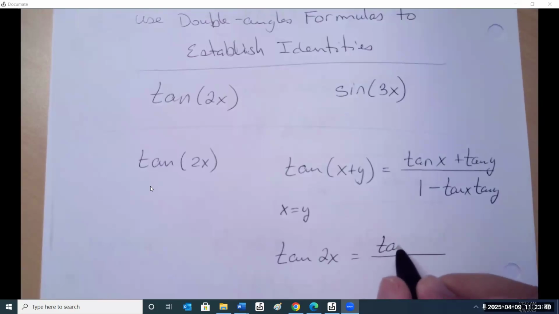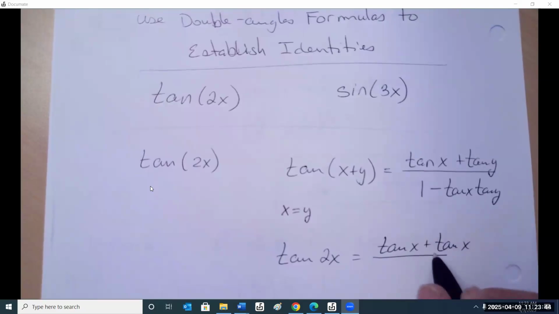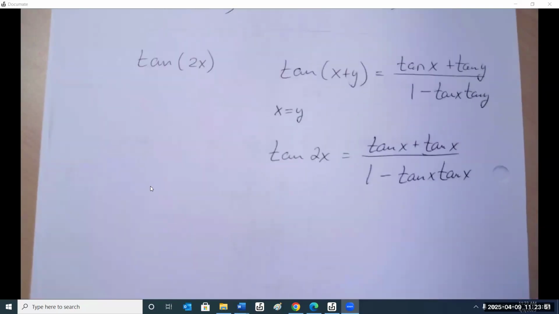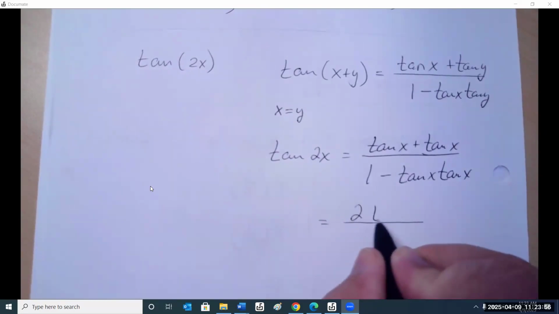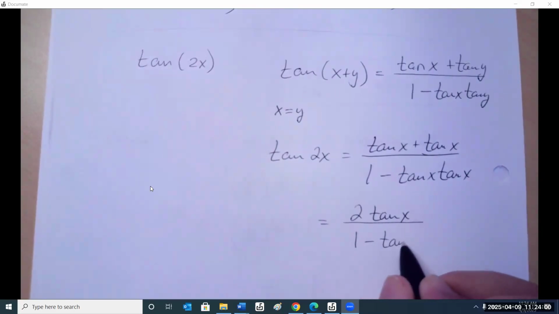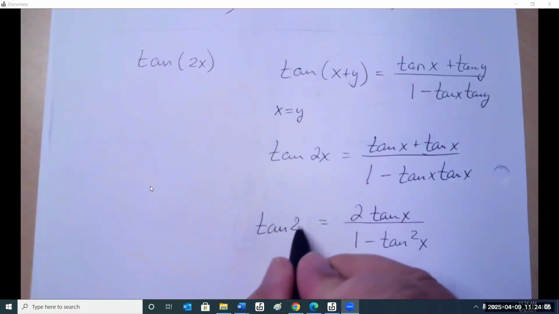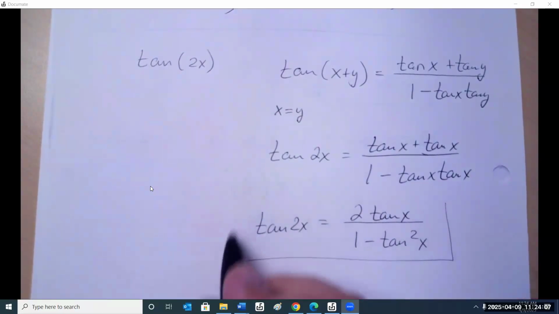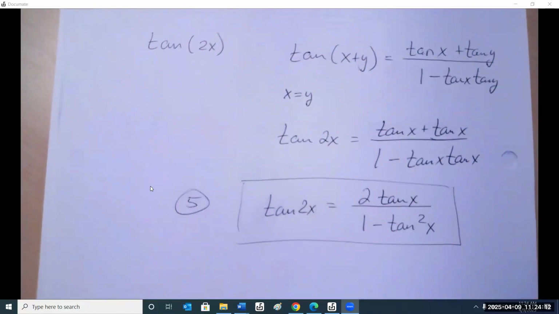So it's tangent x plus tangent x over 1 minus tangent x tangent x, which becomes 2 tangent x over 1 minus tangent squared x.